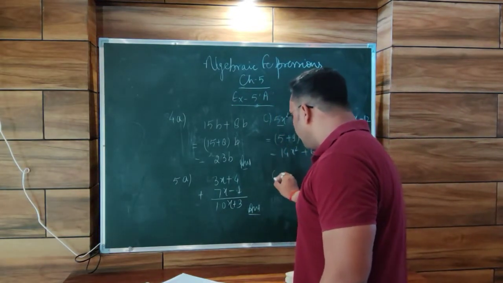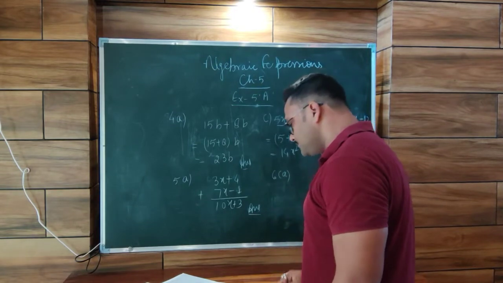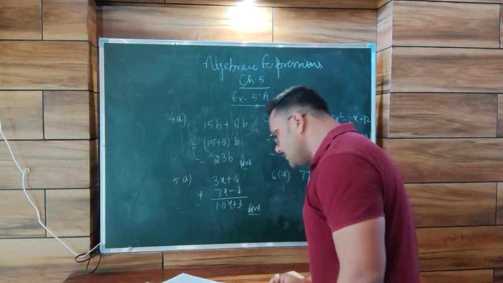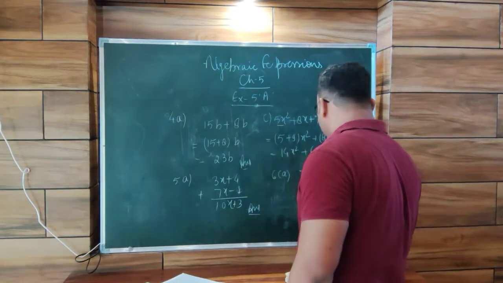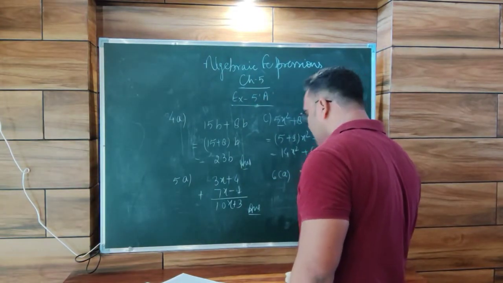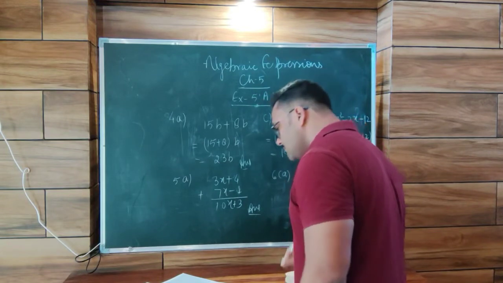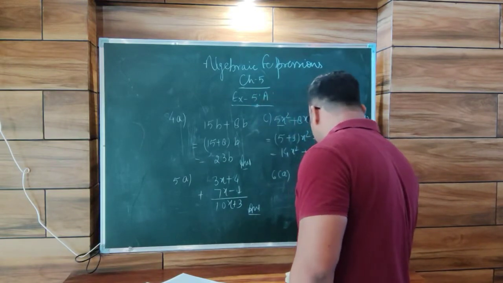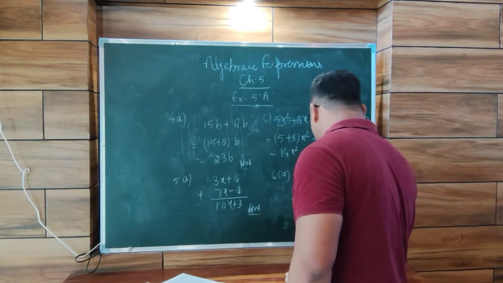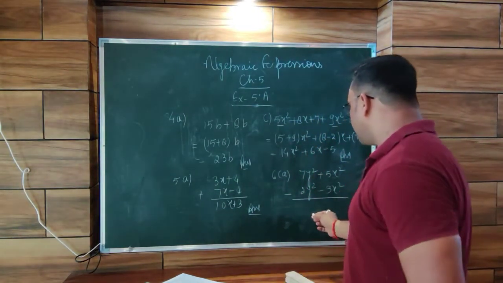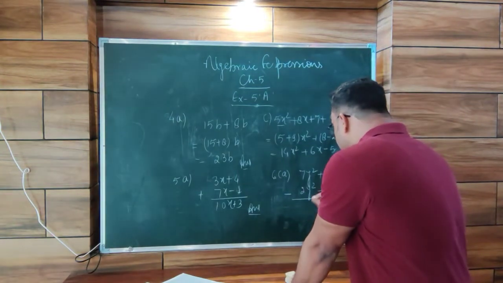Question number 6, A part. You have to subtract. Subtraction we have to change a little bit. 7y square plus 5x square, and 2y square minus 3x square. For subtraction the sign will be changed.